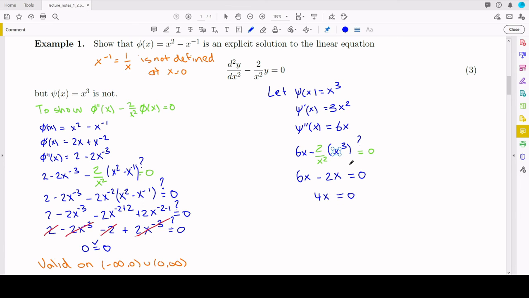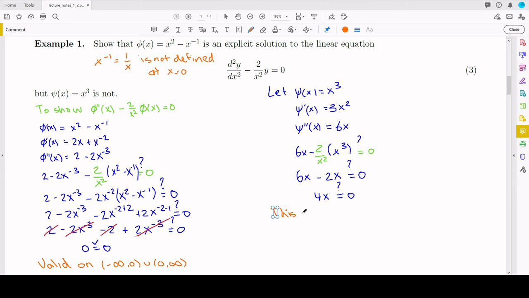Now, again, this was a question mark, right? What we're looking at is whether this side is always equal to 0. Well, obviously you can solve this by dividing both sides by 4 and get x equals 0, but this 4x is not identically equal to 0 on an interval. So let's write that down and see that it's not a solution.